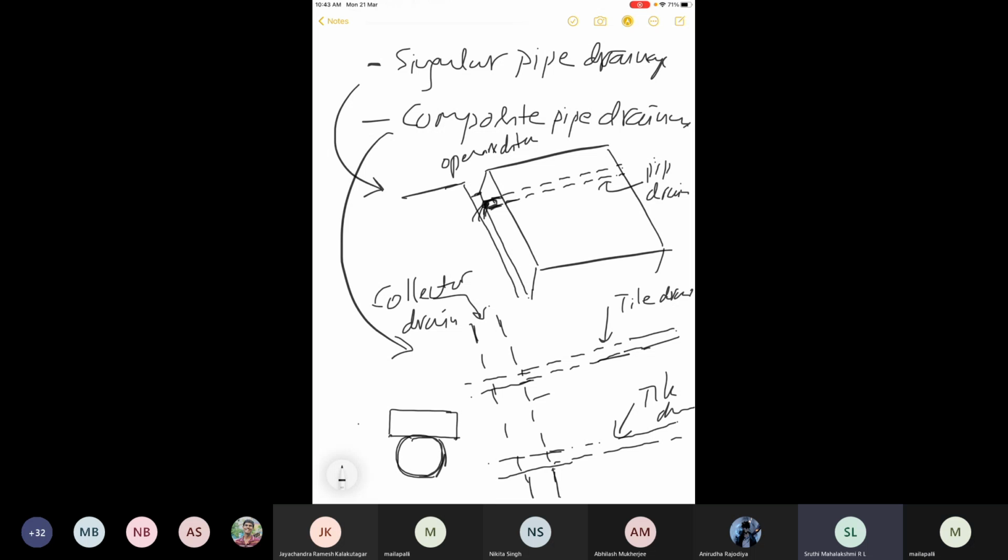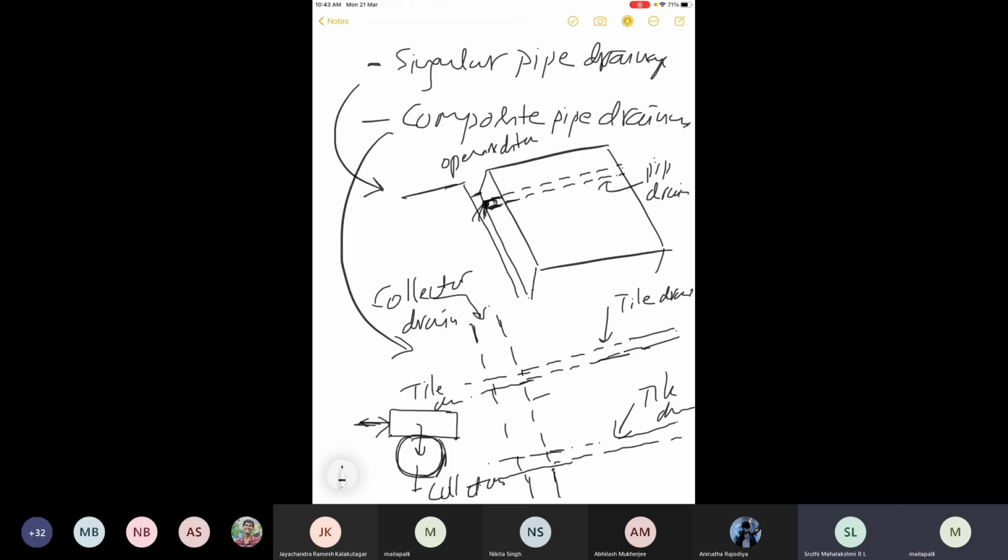Water coming from this tile drain and this collector drain, both pipes are connected here.